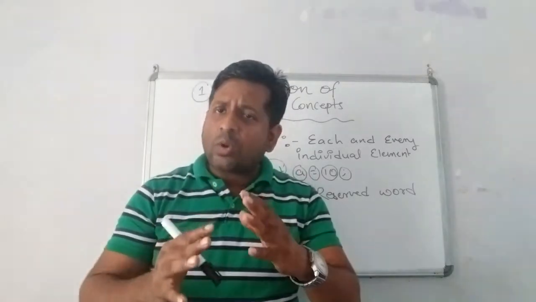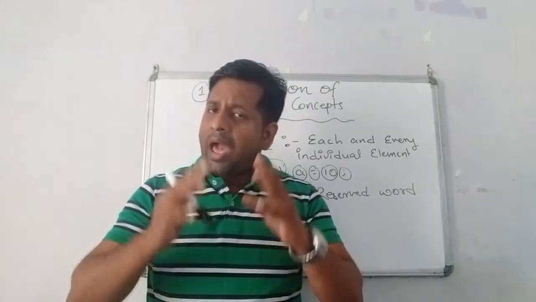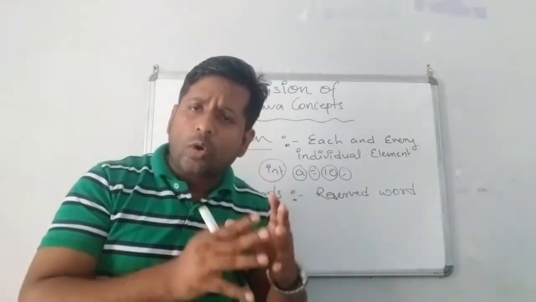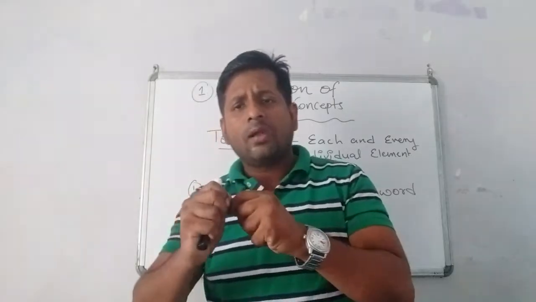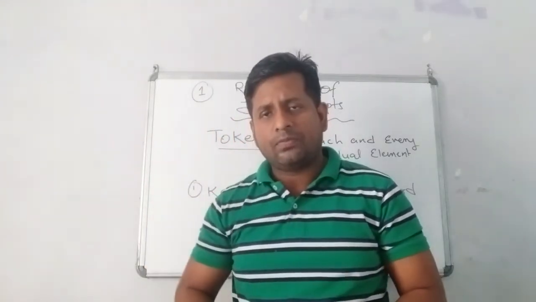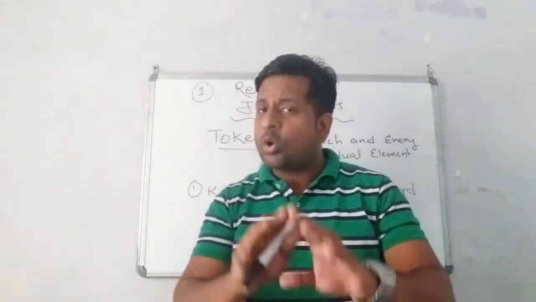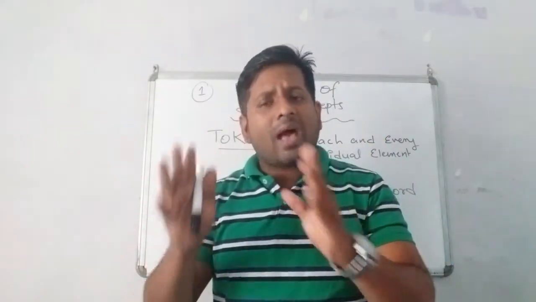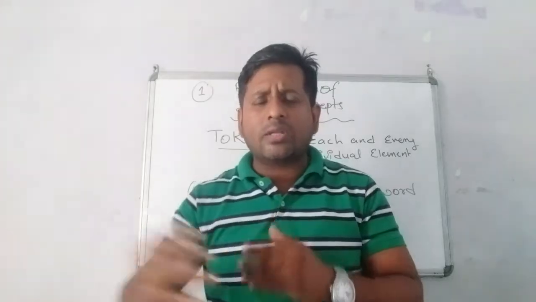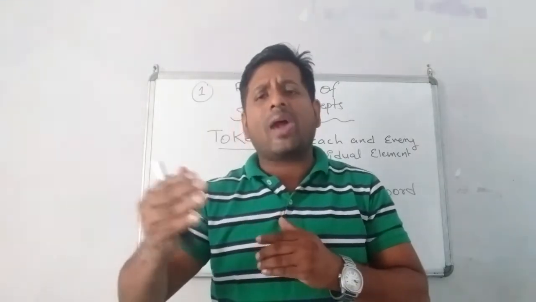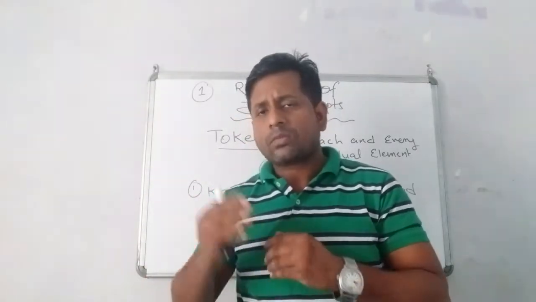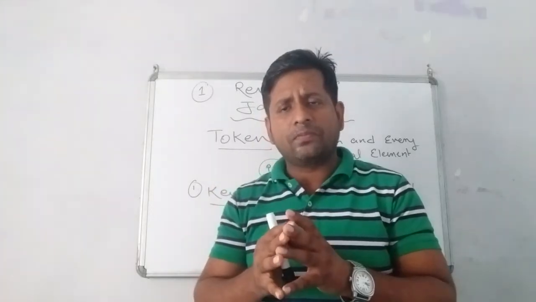Java is case sensitive, so you are not allowed to change even the case. Like int in small letters, if you write capital Int, that makes a different sense. So Java has certain reserved keywords, maximum 60, and from 1.5 and above we have 54.